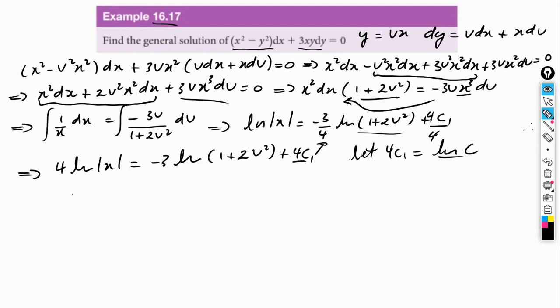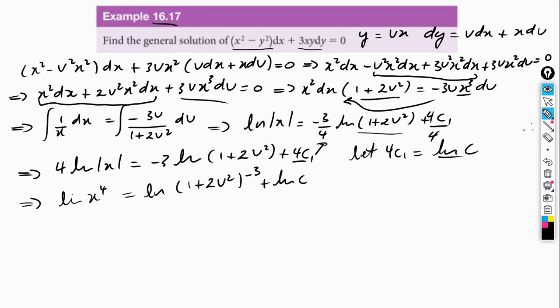So notice that now we can rewrite this as the natural logarithm of x to the 4, from the properties of logarithms, is equal to the natural logarithm of (1 plus 2v squared) to the negative 3 plus the natural logarithm of c.